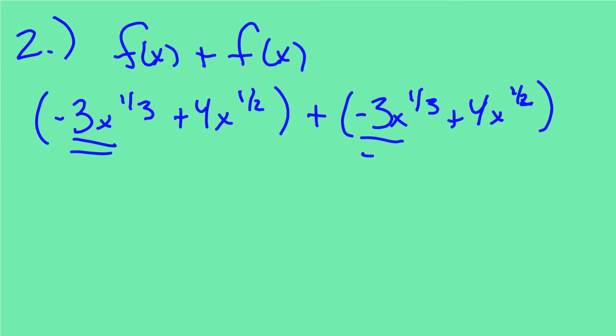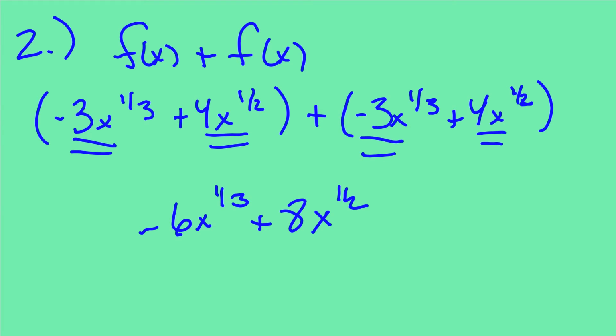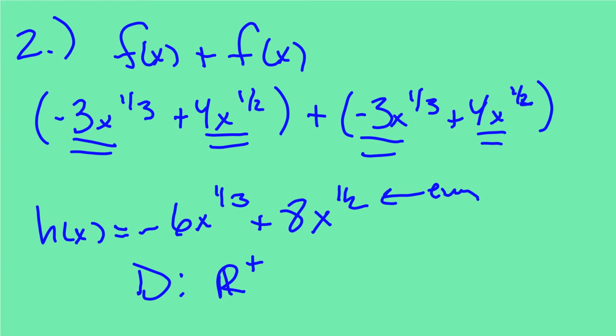So I combine negative 3 and negative 3 to get minus 6x to the 1/3. Combine 4 and 4 to get plus 8x to the 1/2. Remember, it's h of x because it's a new function. When I make something new, I have to put the domain in there because those are the directions. Because I have the even fraction exponent, I say it's R plus and 0. That's it.